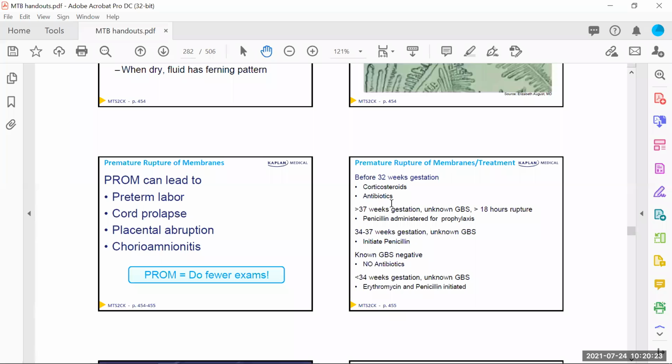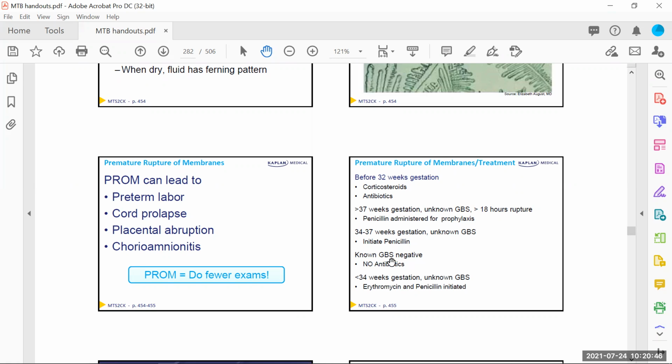Antibiotic cover: just to protect the mother from developing chorioamnionitis, we have to give broad spectrum antibiotic. If more than 37 weeks gestation, there is no need for DEXA cover, right? But we can of course provide antibiotic cover if it's between 34 to 37. So again, we have to give antibiotic, and this is GBS cover.